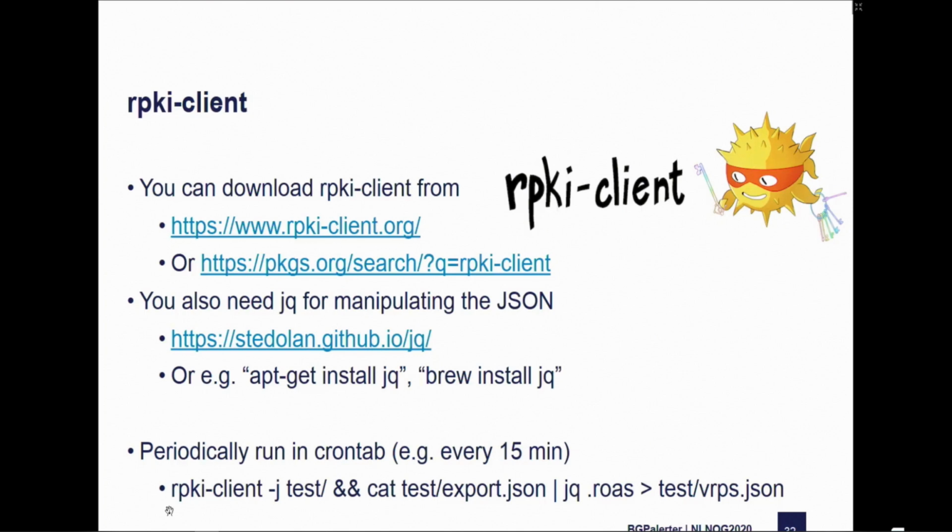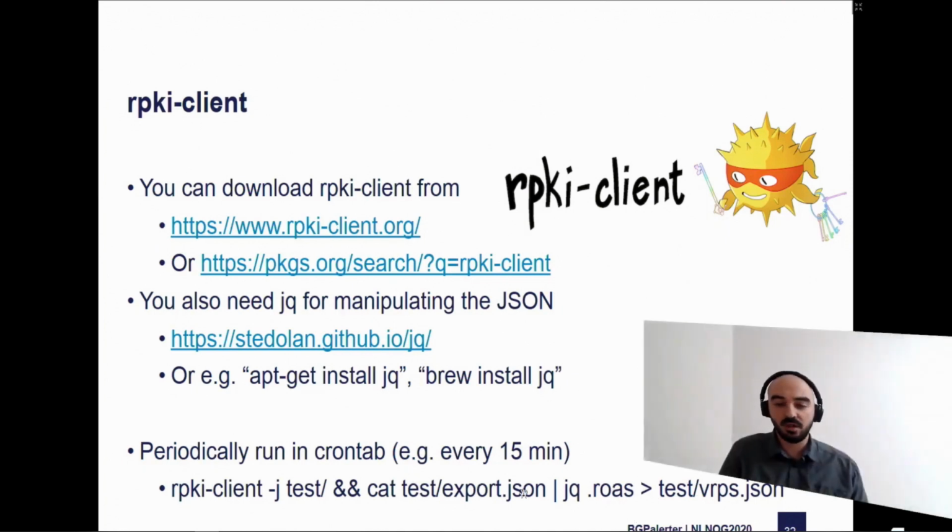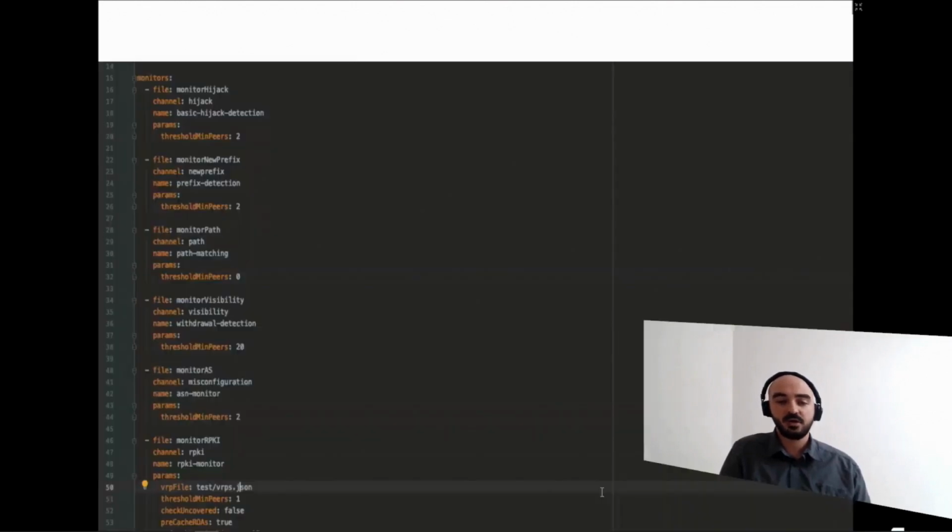And after that you cat the output and pipe it into this jq to do a small manipulation, and you write your test VRP JSON, which is in the format supported by BGP Alerter. Possibly in the future, I will make it polymorphic, accepting various formats by default, but for now, this is the small thing that you have to do. Anyway, it's like one line, you put it in crontab every 15 minutes, and you are good to go.